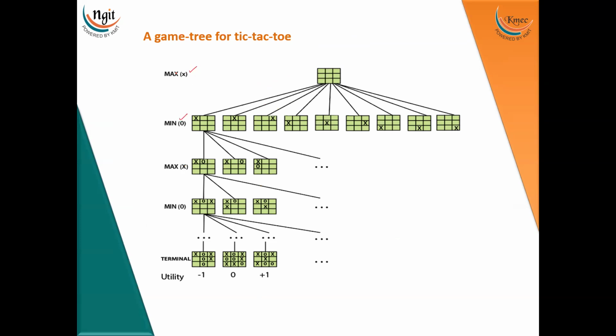Maybe we are the max, we are starting the game, and the machine is the min. After max, next is min, and the next turn comes to max again. Like that, the tree structure represents tic-tac-toe. At last, we reach the terminal state. If min loses, it is -1. If it is a draw, 0. If max wins, it is plus. So this is the utility function.